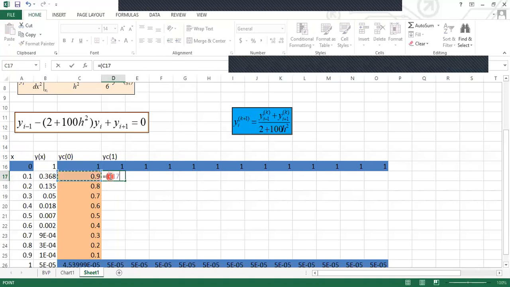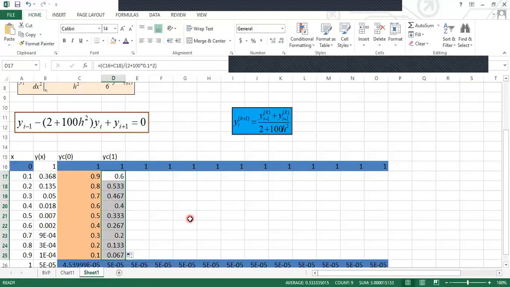It is equal to y(i-1) plus y(i+1) at the previous iteration, divided by 2 plus 100 times h squared. h is 0.1 and it's squared. So we will generate a new value of yi.